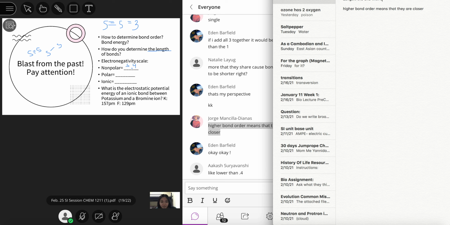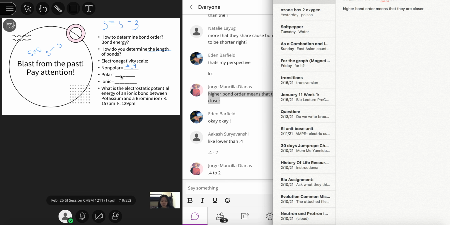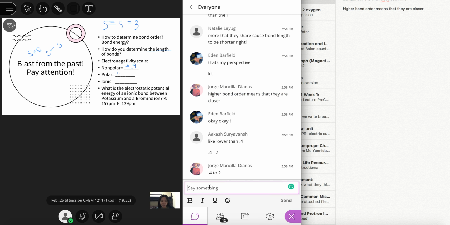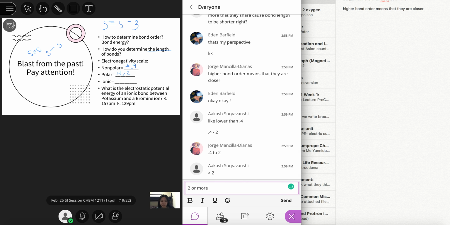What about polar? Yes, 0.4 to 2, and then ionic is greater than 2.